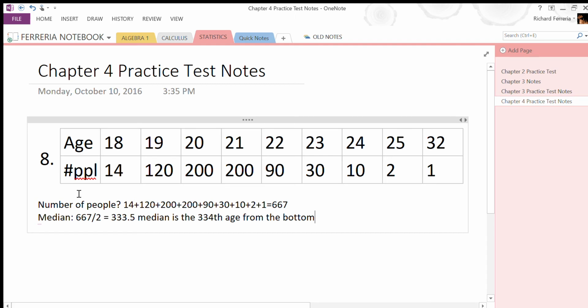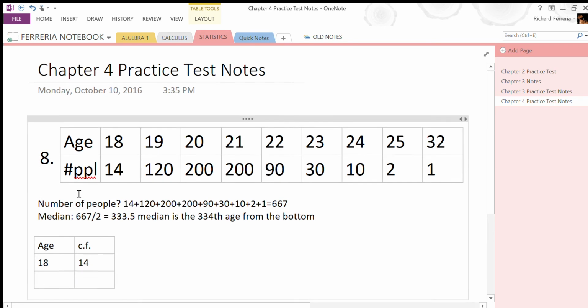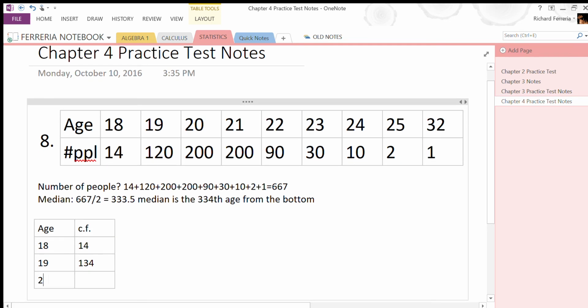So if we look at a cumulative distribution, cumulative frequency. So 18, cumulative frequency is at 14. 19, cumulative distribution is 134. 20, cumulative distribution is 334. Okay. So where is that 334th person?